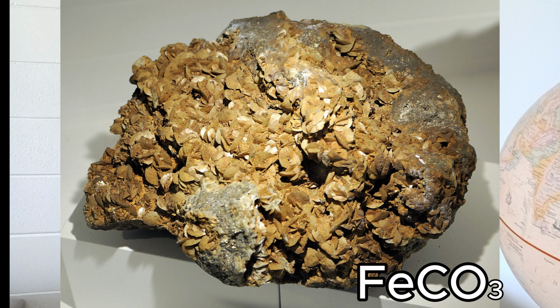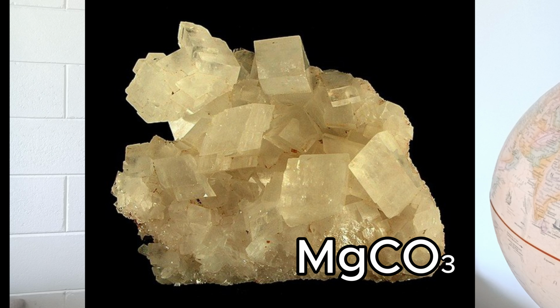Outside of the usual calcite, aragonite, and dolomite, there are other carbonates too, which some textbooks sometimes refuse to acknowledge. There is iron carbonate in the form of the mineral siderite. There is magnesium carbonate in the form of the mineral magnesite, not to be confused with magnetite, which I discussed in my previous video.